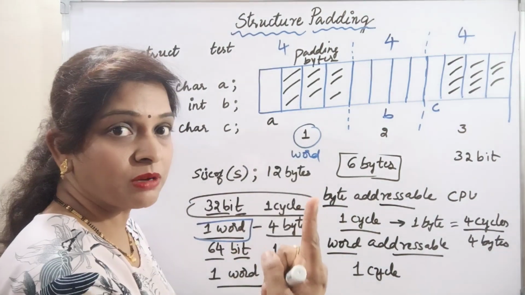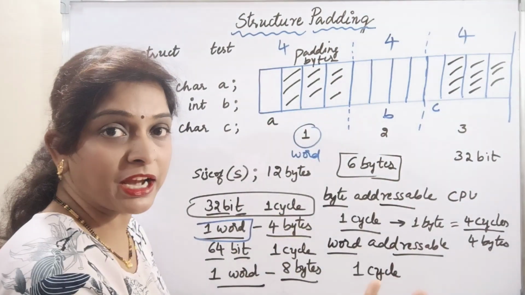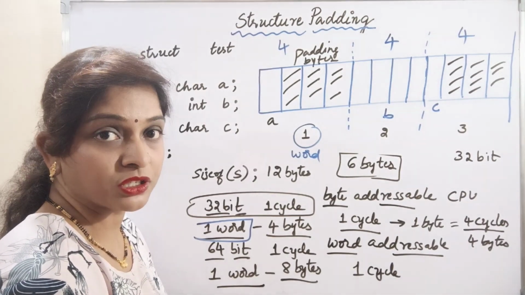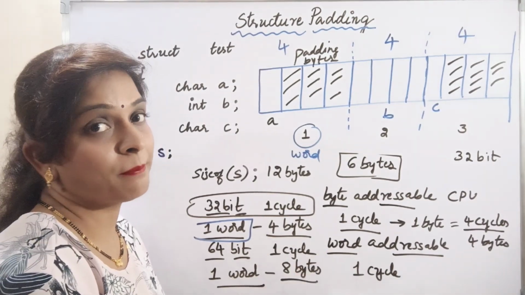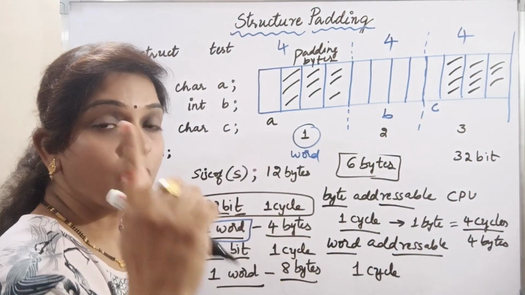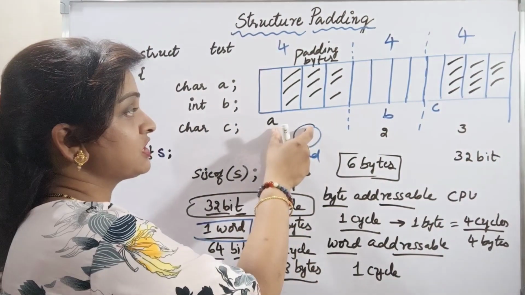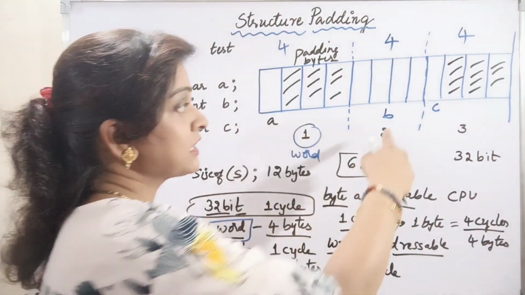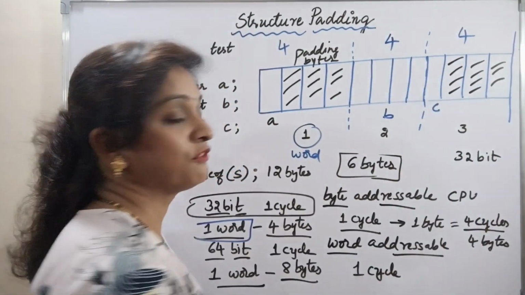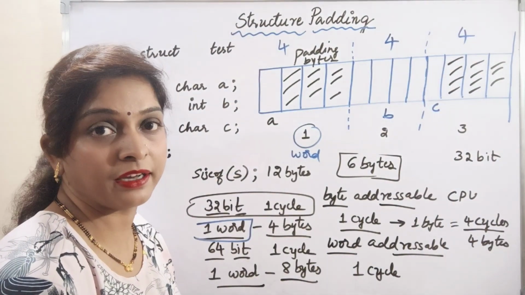A character takes 1 byte, and the remaining 3 bytes are padding bytes, to suit the CPU architecture. So in one cycle of the CPU, it will fetch this character. In the second cycle, it will fetch this integer data. In the third cycle, it will fetch one more character.